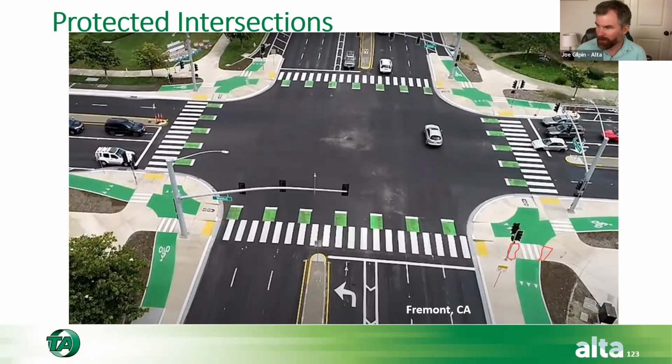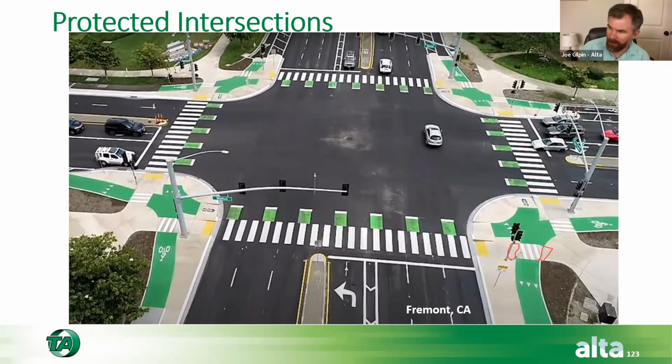And what they found was that the local disabled community, and this is the way that it's shown to do in most of the guidance that's out there, said, okay, they cross the first one, they think they're getting out into the street, and then they get to the second one, and then they try to figure out what's going on. Okay, what did I just cross? Is that a bike lane? Is it a traffic lane? And then, oh, there's another detectable warning. And by the time some of them have sorted all of that out, they've wasted some of their time and they can't get across the intersection the rest of the way. And so they're confused by what's going on there.